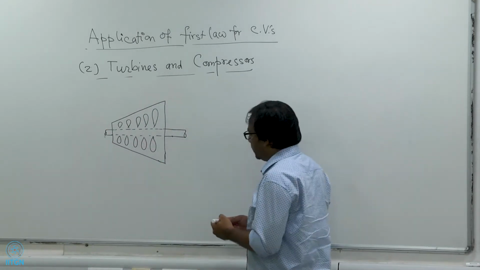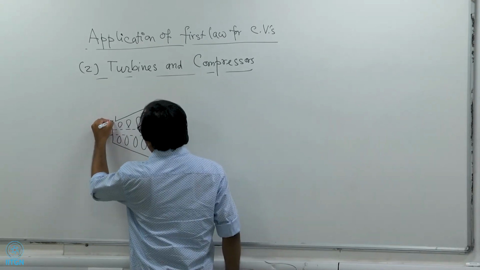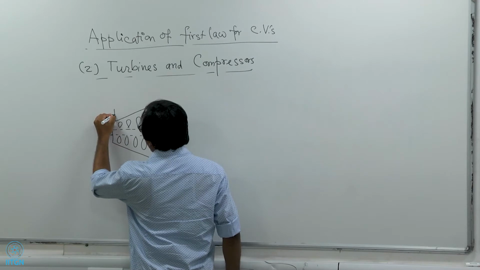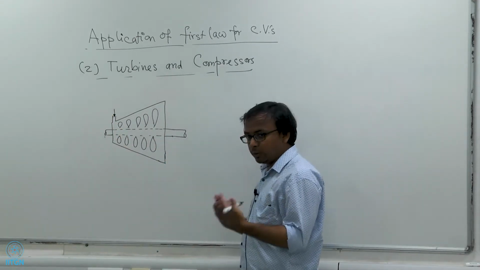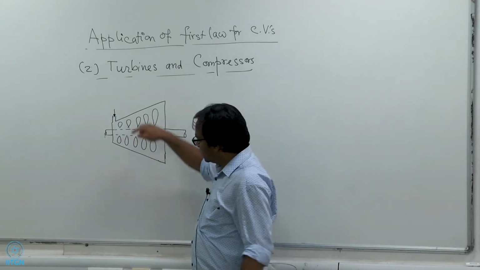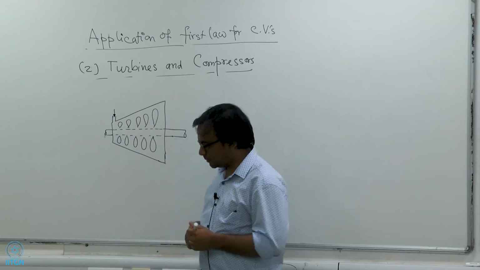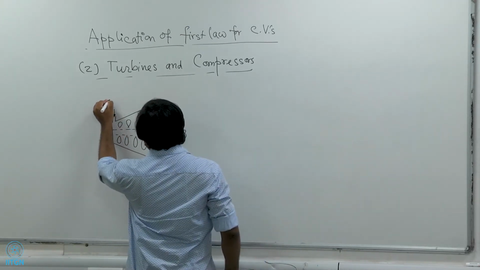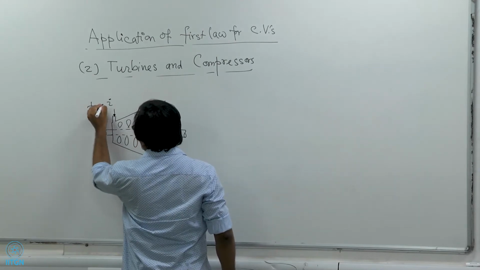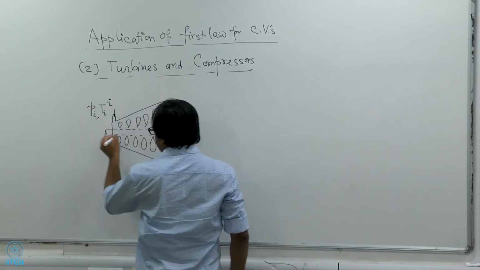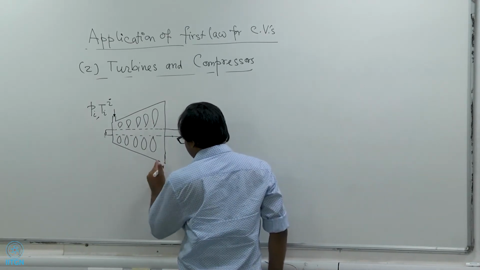In a turbine you supply a hot, high pressure stream of fluid. Typically in a steam turbine you supply steam at the inlet at a very high pressure and temperature. So this is the inlet, with some pressure Pi and temperature Ti, although we do not really care about temperature that much, and the outlet is here.